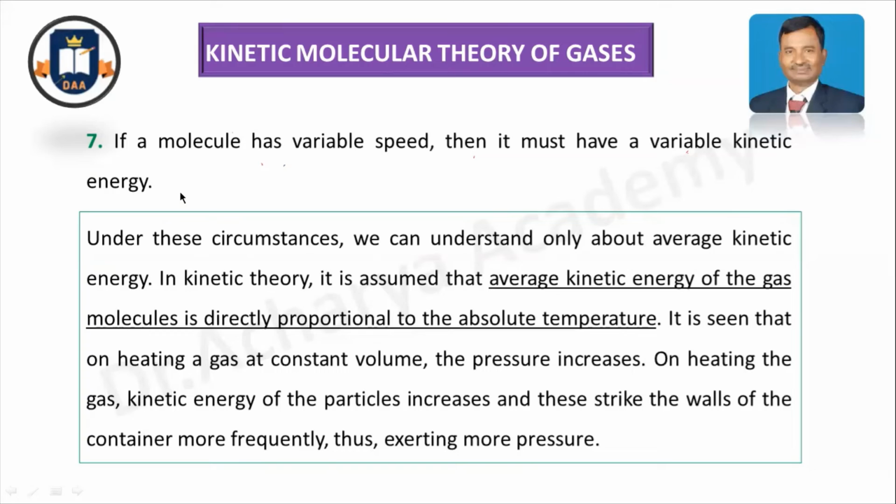So as per this assumption number 7, here we can understand only about the average kinetic energy. So in this kinetic molecular theory of gas, the average kinetic energy of the gas molecules is directly proportional to the absolute temperature.